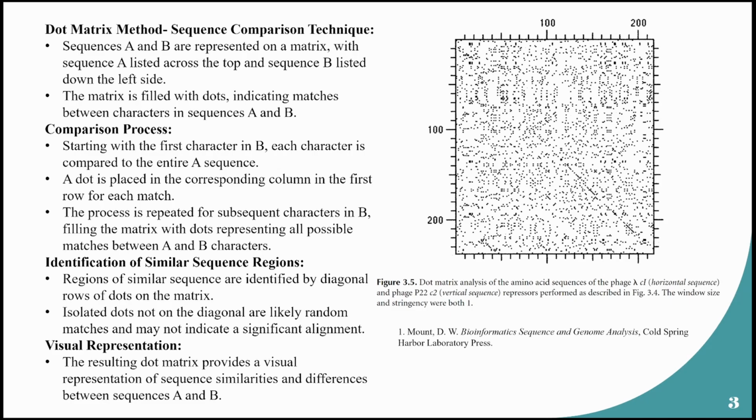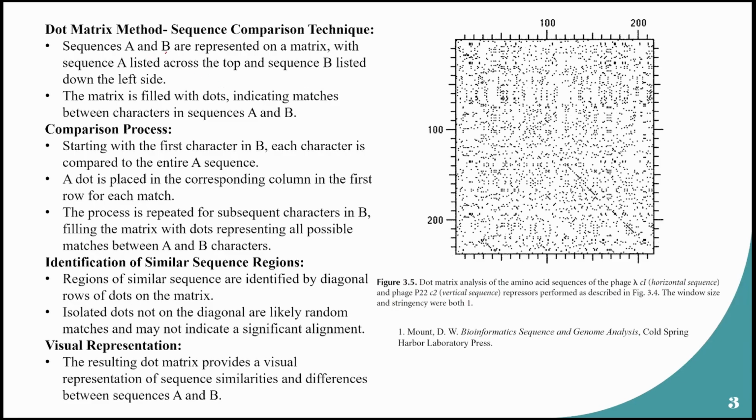Also, we can create a window to minimize random noise. For example, with a window of 5, I put a dot in the matrix when I have three matching pairs in a 5-window sequence, to minimize random noise. It's a basic visual representation of how two sequences are being aligned.